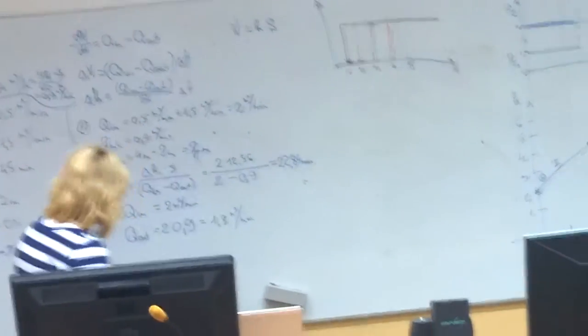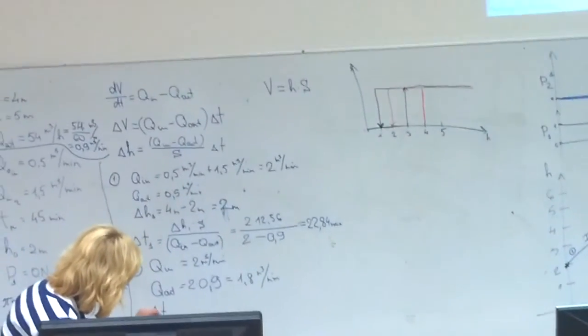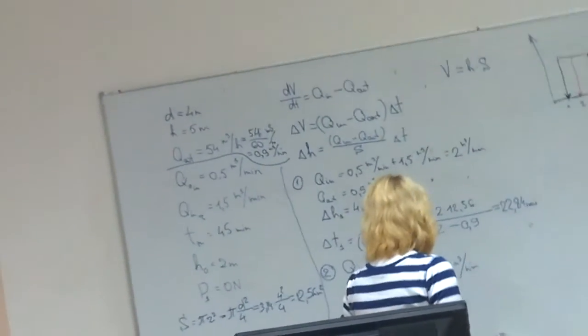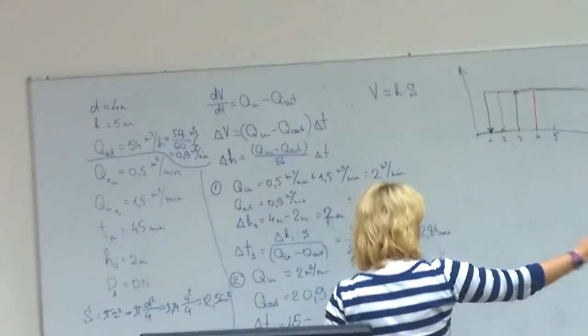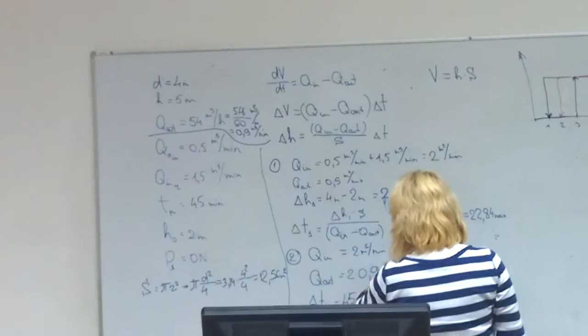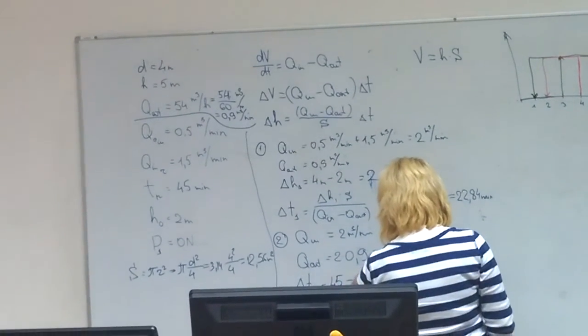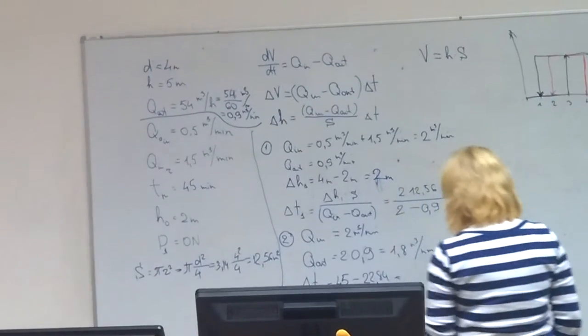So in that case, delta T2 will be 45 minutes minus our first state, so 22 and so on.